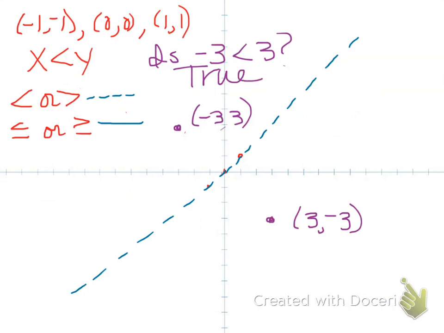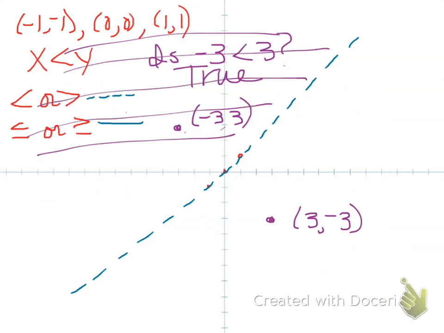So that means everything on this half plane, on that side of the boundary line, is part of the solution set. You could choose other values in there and check them to make sure. What if we did -5, 5? We would be checking, is -5 less than 5? And that is a true statement.